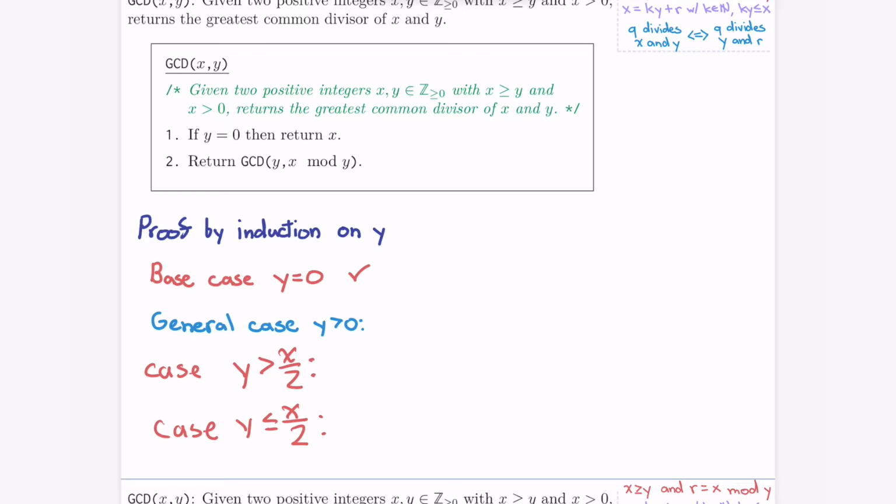Well, r is going to be less than x over 2. So at some level I'm replacing x with a number that's at most half the size. And what happens when y is at most x over 2?